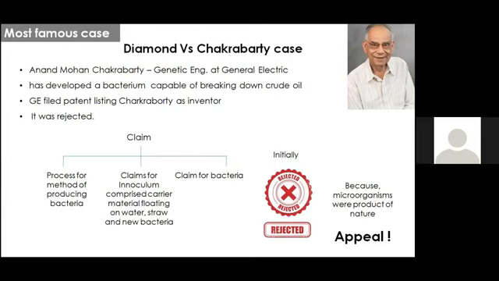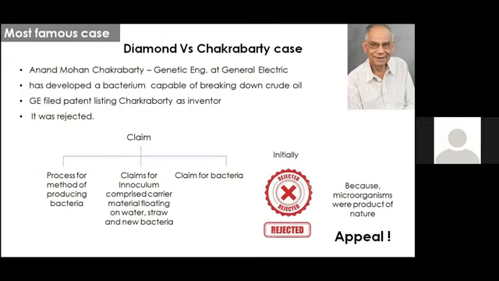So GE, that is General Electric, filed the patent listing Chakrabarty as inventor. However, it was rejected. They made three claims. First, the process for producing the bacteria. Second, the inoculum comprising a carrier material such as water or straw, and the new bacteria.